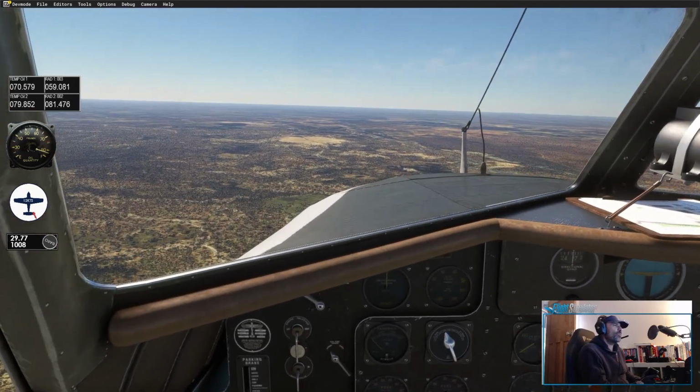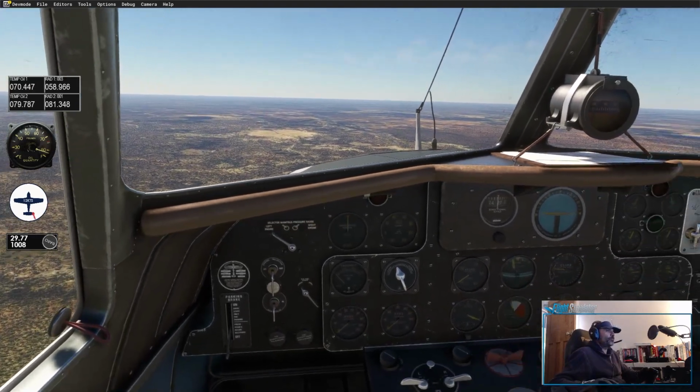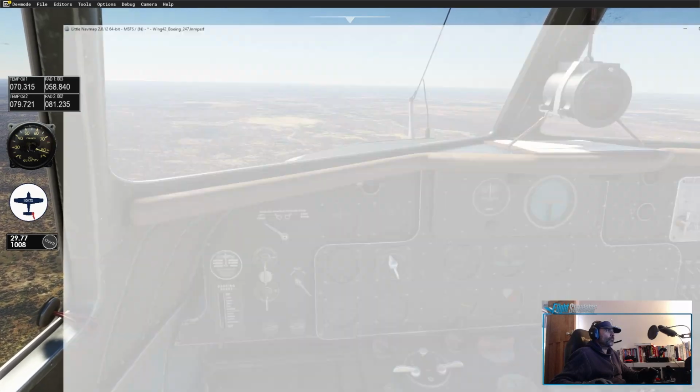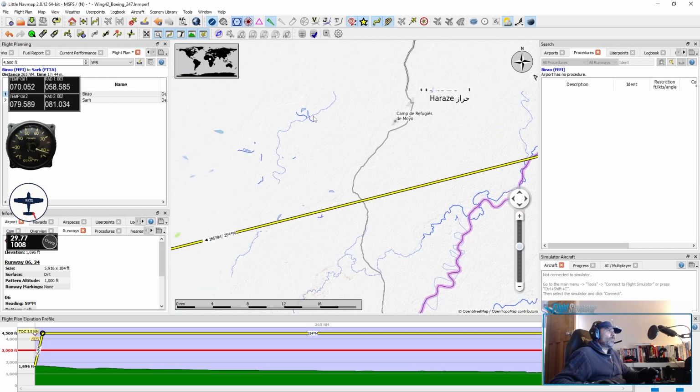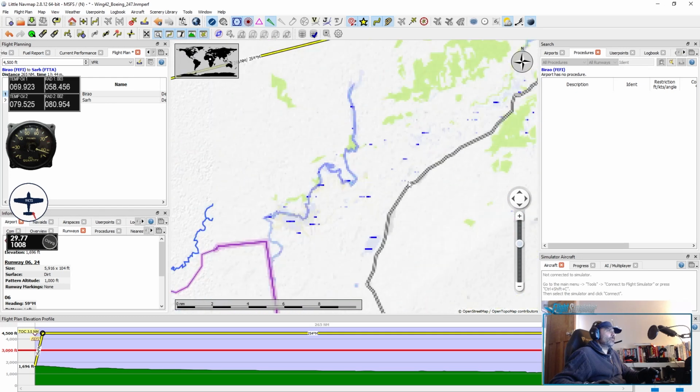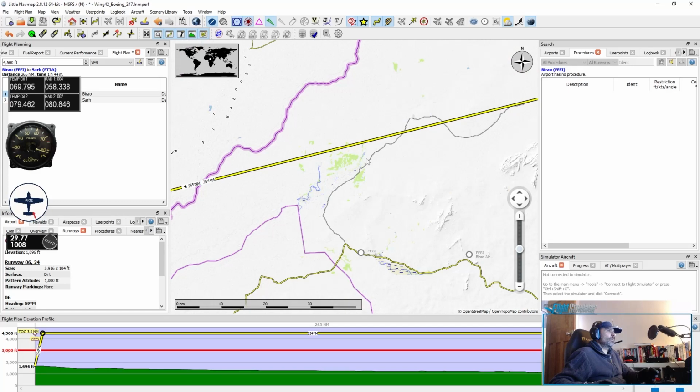There is another river here. I see rivers everywhere. Any of these places here or here.